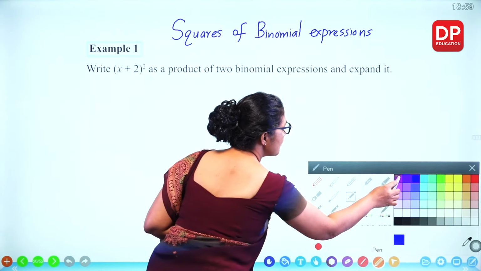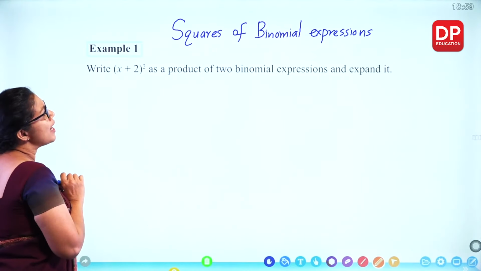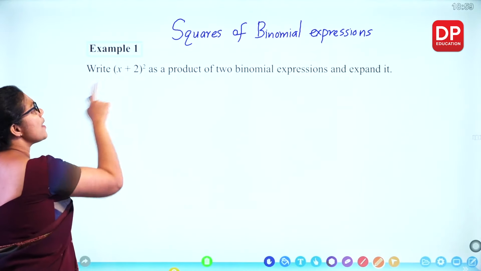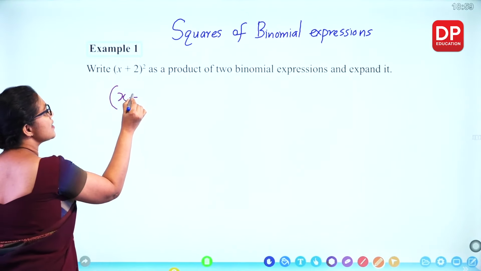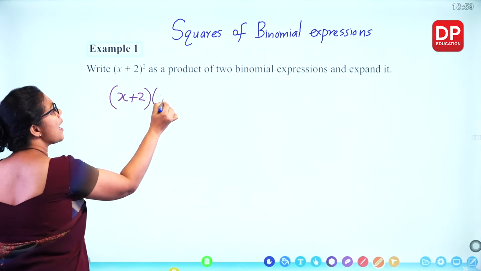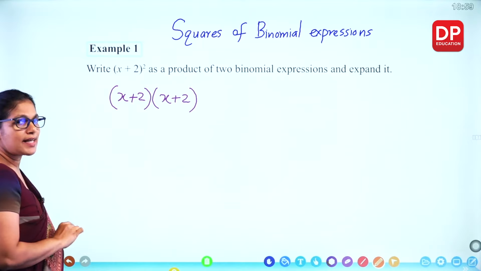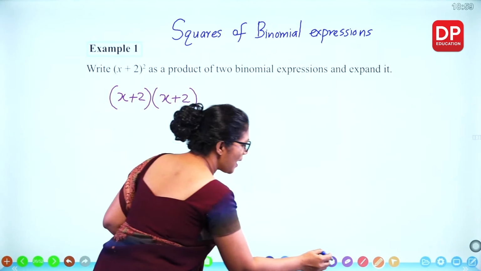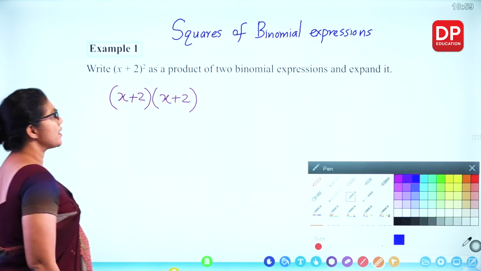So here again we can try binomial expressions. Now x plus 2 squared, how can you write that one? That means x plus 2 multiplied by x plus 2 again, because there's a power here. Same term multiplied twice. We can write as x plus 2 into x plus 2.